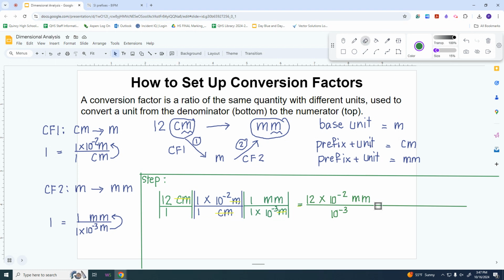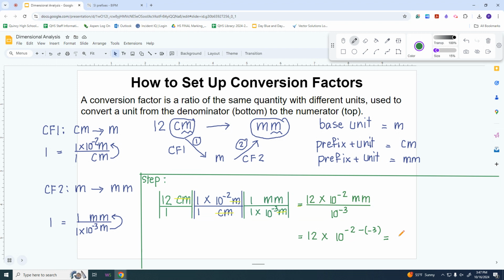So when you divide scientific notation, you are going to subtract the bottom exponent from the top exponent, which is negative 2 minus negative 3.